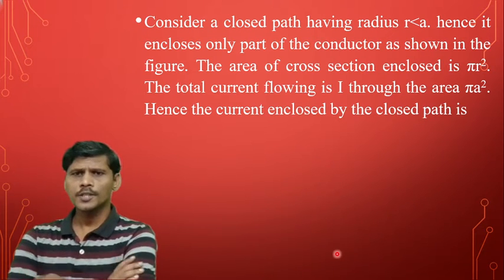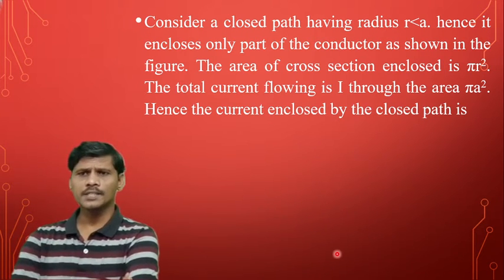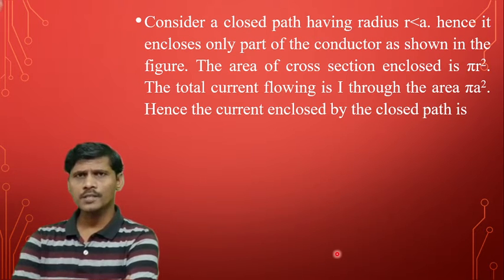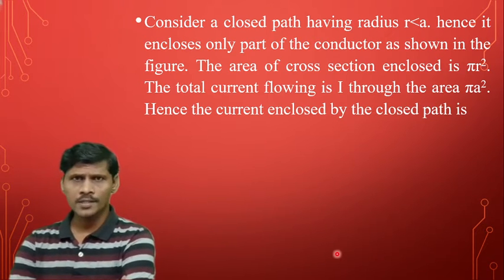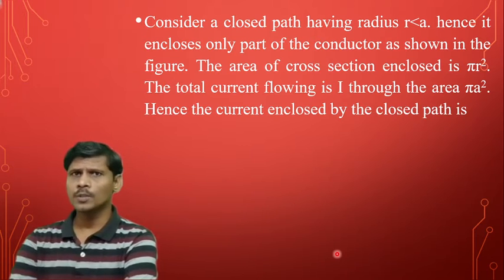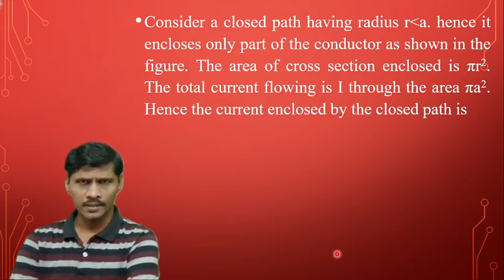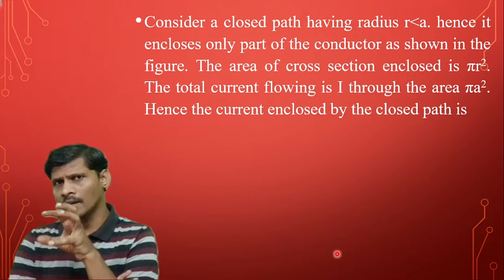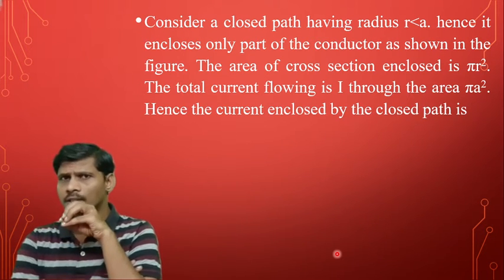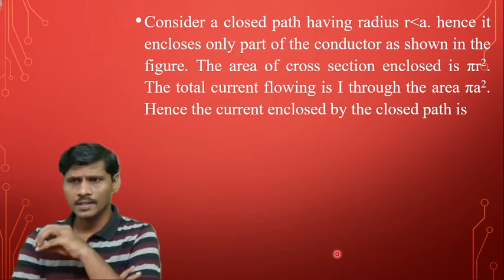So the first case is to consider the Amperean path inside the inner conductor, which is r less than a. Small r is the radius of the closed path or Amperean path and small a is the radius of the inner conductor. So now here the Amperean path is considered inside the inner conductor, that is r less than a.